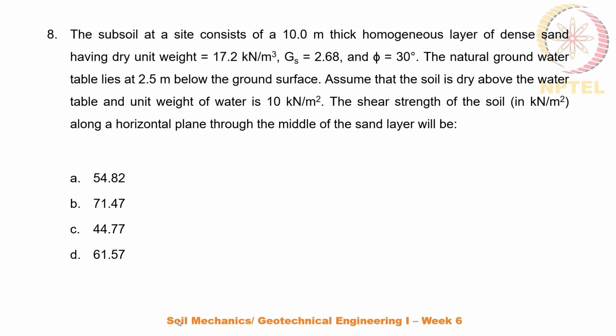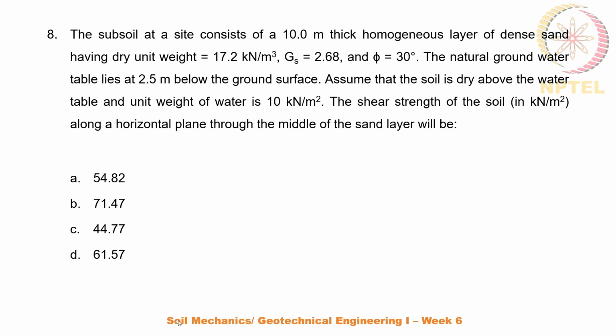It is also mentioned that the natural groundwater table is at 2.5 meter below the ground surface. Above the water table, the soil is mentioned as dry, and we are asked to determine shear strength of the soil at a horizontal plane through the middle of the sand layer, that is at 5-meter thickness.